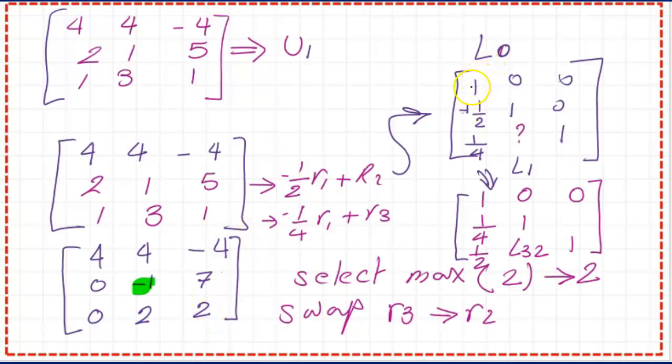L sub naught is the same as we have discussed. We change the sign, so we have one on the diagonal based on the Doolittle method. And this 1 over 2, again, this is becoming 1 over 4. And this we don't know so far.